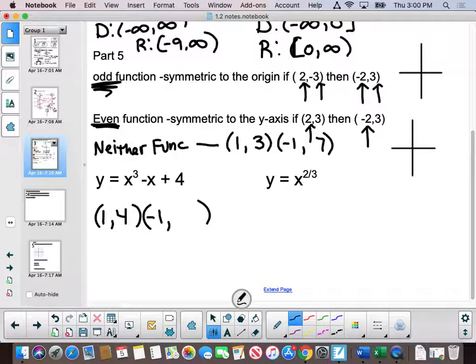Put a -1 in there: -1 times -1 times -1 is -1, and -1 plus 1 is 0, plus 4. So it looks like it's an even function.